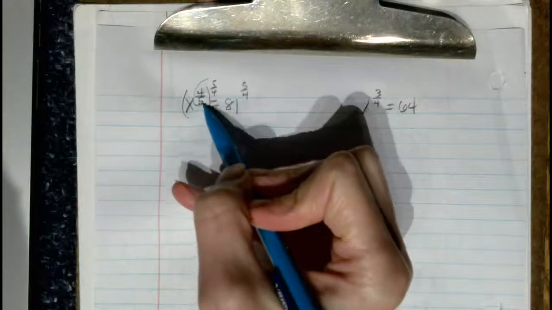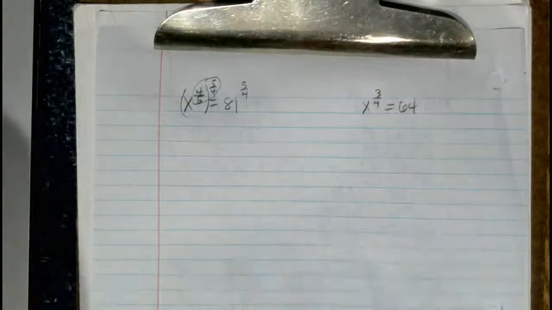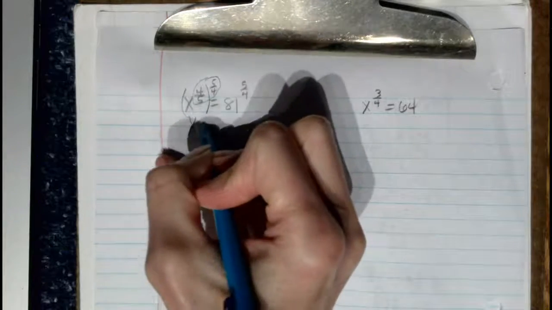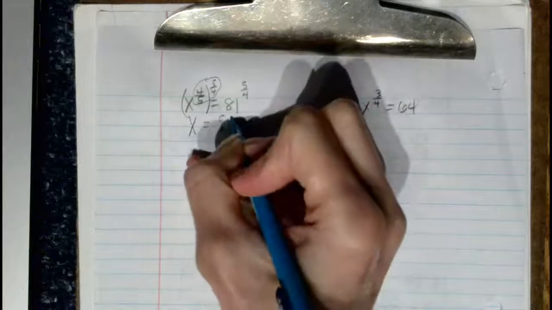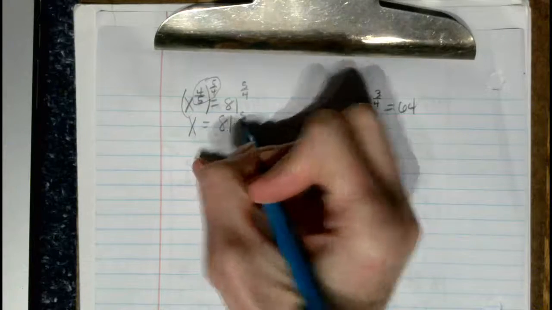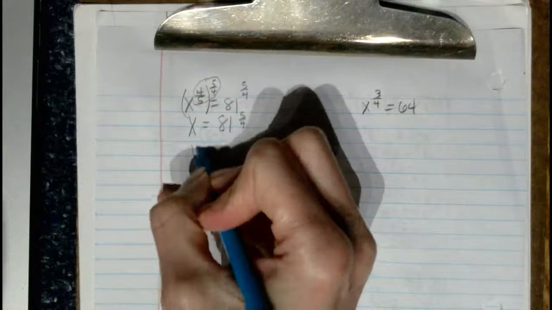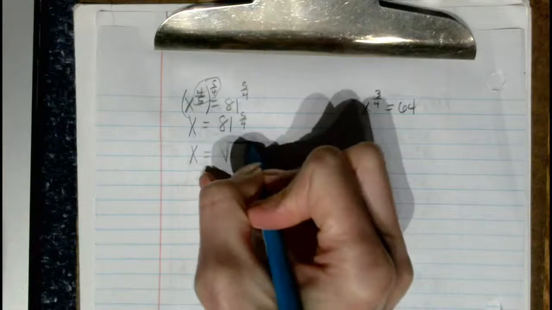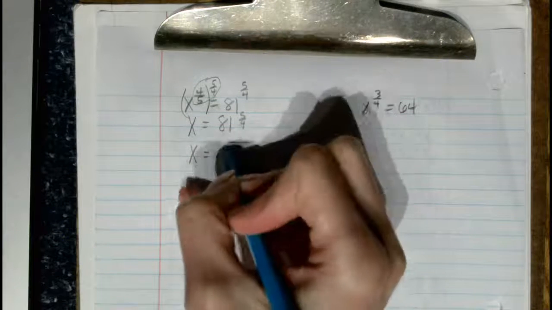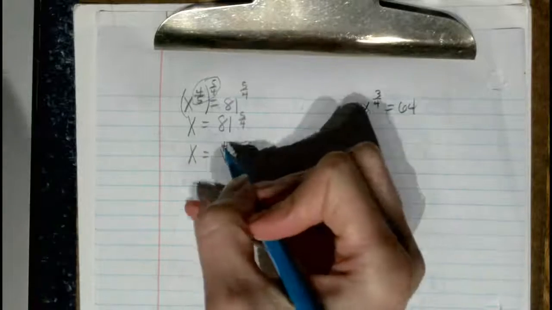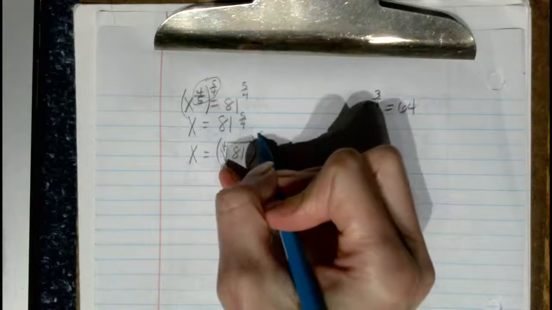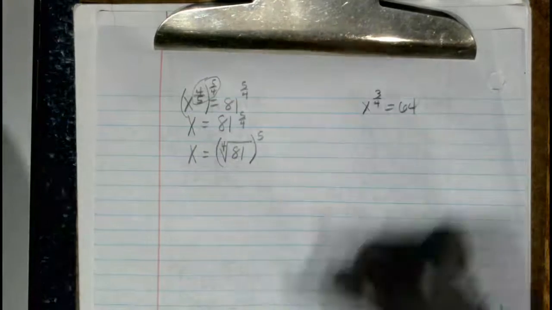When we superpower, what happens is that becomes 1, x to the first power. So this is 81 to the 5/4, and then we have to rewrite. So x equals 81. The denominator goes in the check mark part, and then it's to the 5th power.